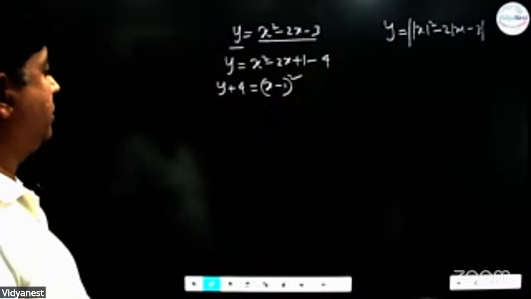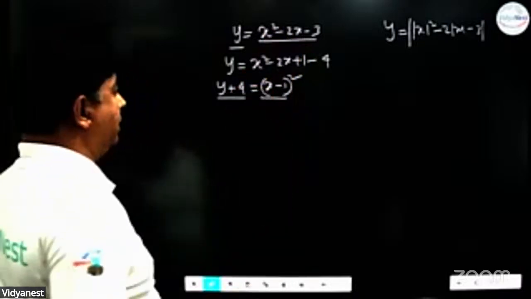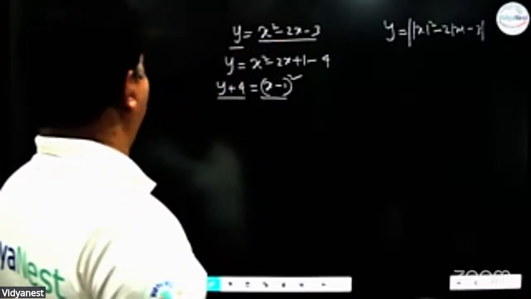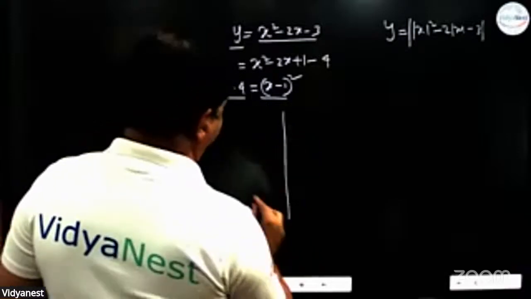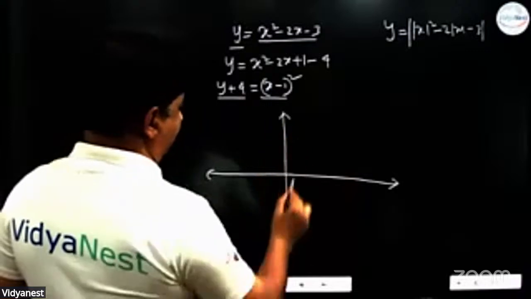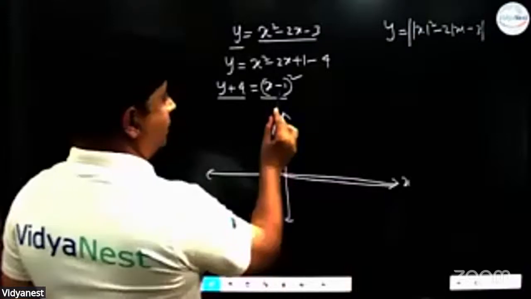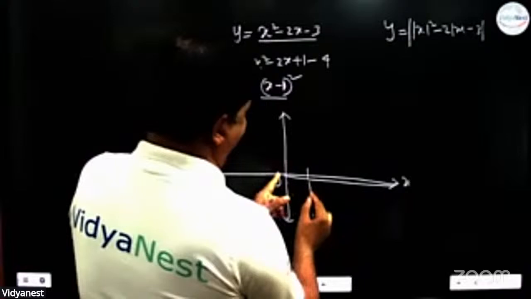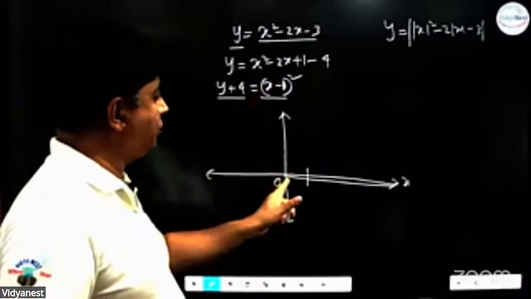So this is the revised expression of that quadratic. Now what is meant by that? See, x minus 1 means if you take this line segment as x, that line segment is reduced by 1, meaning 1 unit is reduced from the total line segment x.